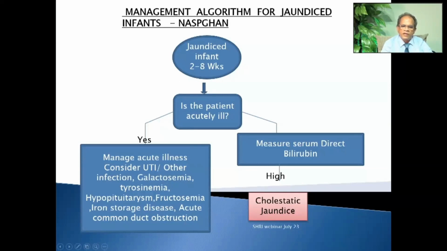And of course, if the direct bilirubin is high, but the child is not acutely ill and just jaundiced but otherwise well, basically you are seeing these children in an outpatient clinic, not in your emergency admission room, then you make a diagnosis of cholestatic jaundice because the direct bilirubin is high.